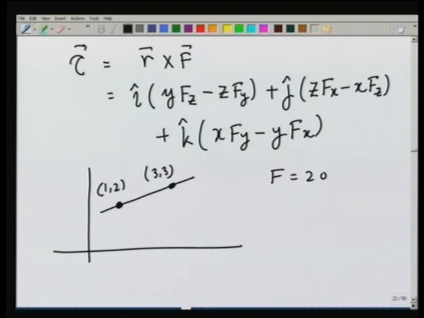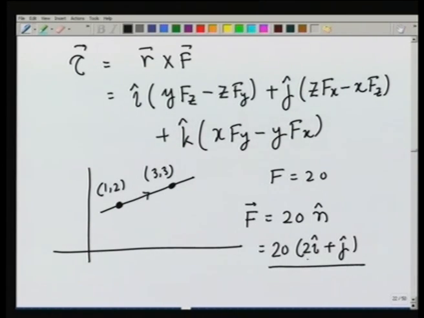So, if I were to write the force as a vector, it would be 20 times a unit vector in this direction, which I can write as 20 times a vector in this direction, 2i plus j, divided by the magnitude of this vector 2i plus j, which will be square root of 5.